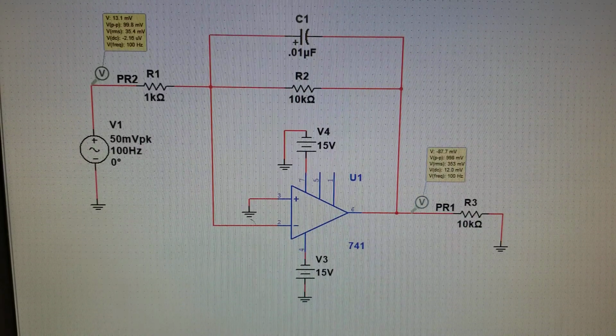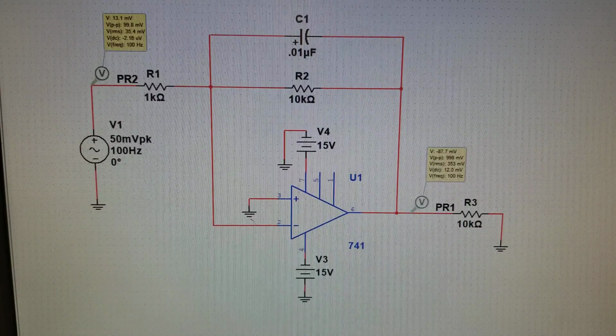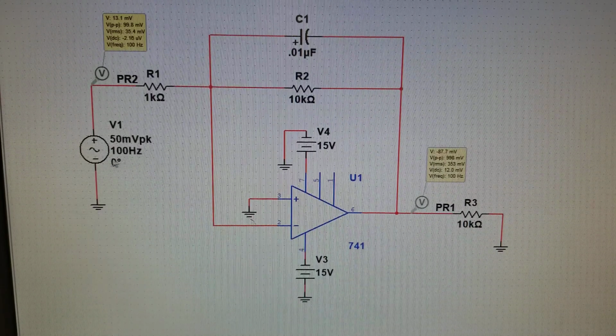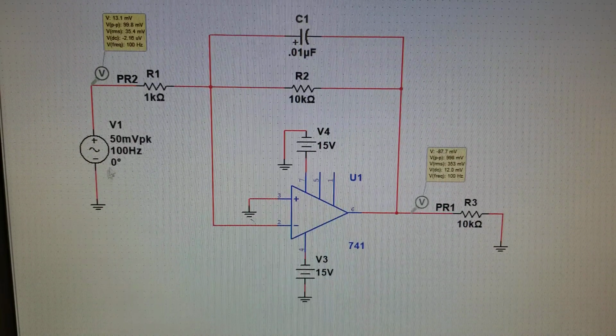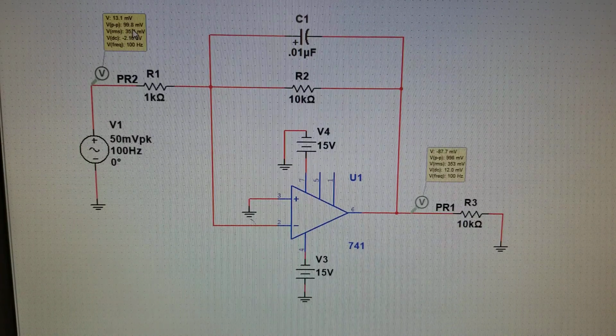So to fill out the first row in our table 1, we have our frequency set at 100 hertz. We're going to read the input voltage peak to peak. You see that our input voltage peak to peak is at 99.8 millivolts, so we'll call that 100 millivolts.